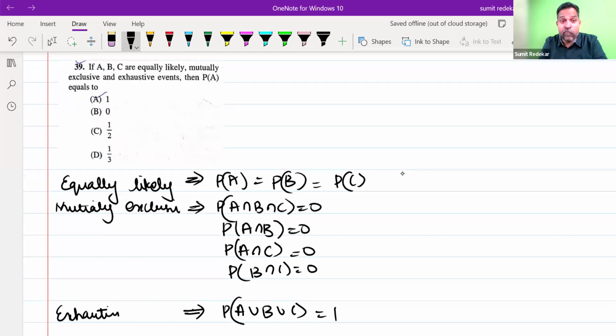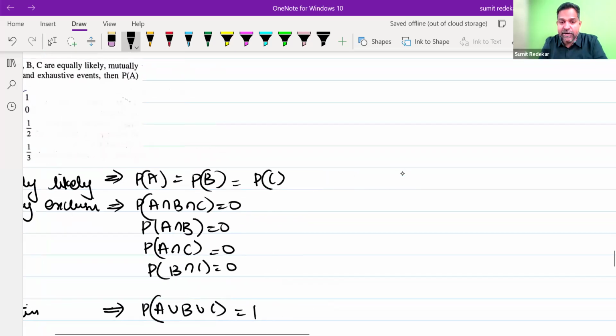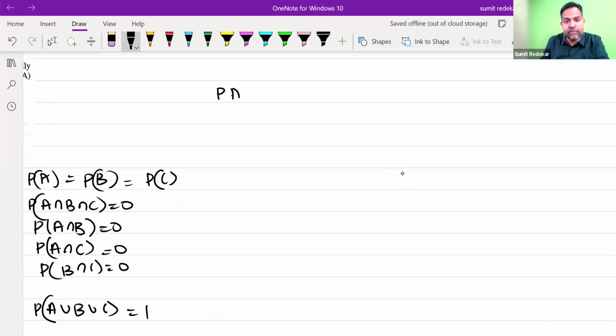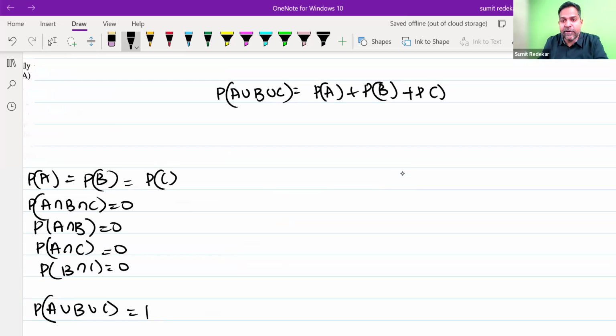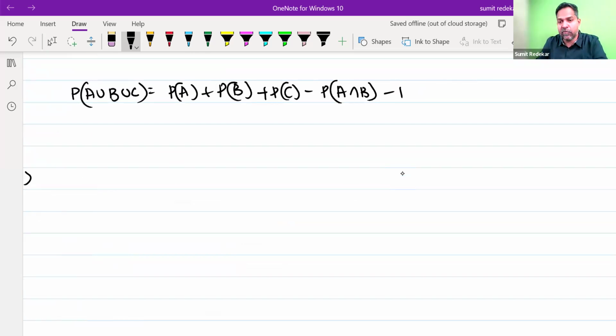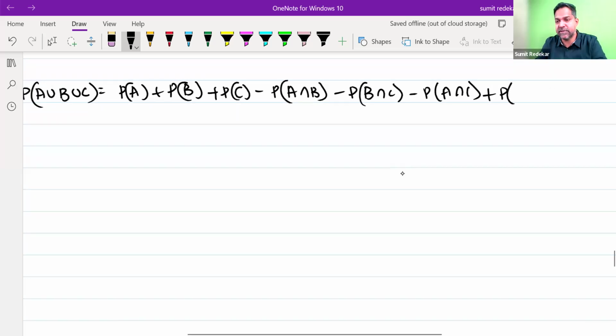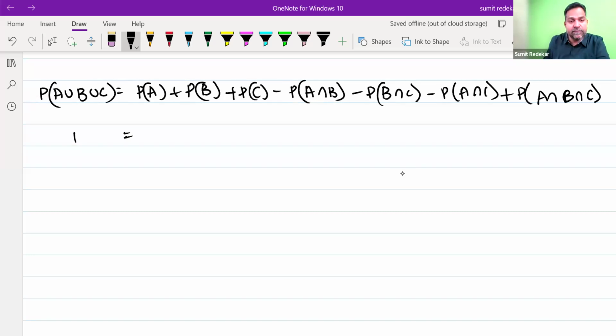Well, in that case, if I write down the addition theorem, probability of A union B union C is probability of A plus probability of B plus probability of C minus probability of A intersection B minus probability of B intersection C minus probability of A intersection C plus probability of A intersection B intersection C. And that becomes, I know that the union is 1.